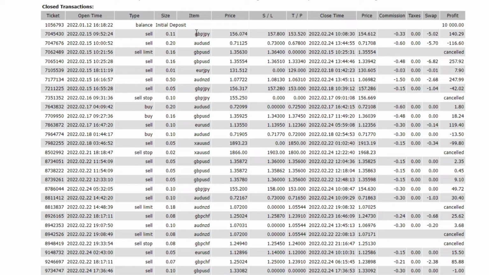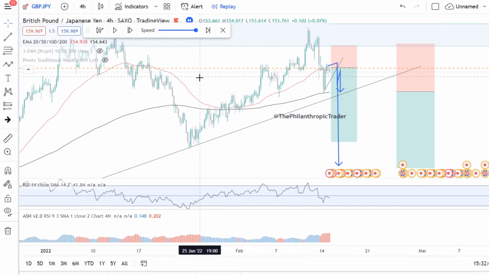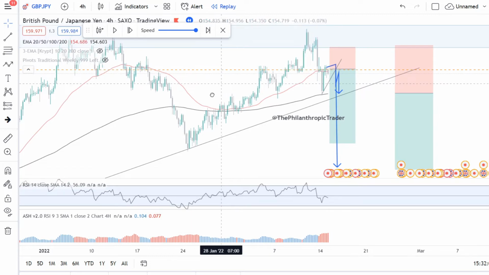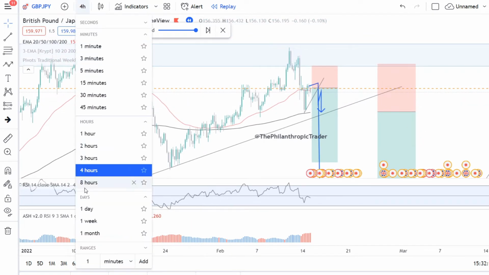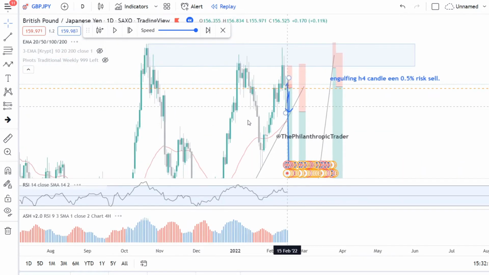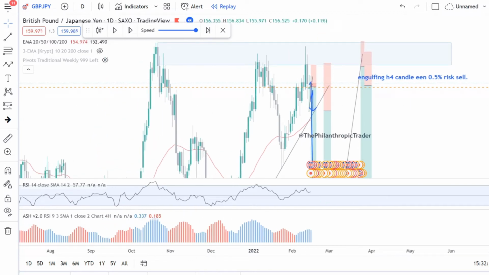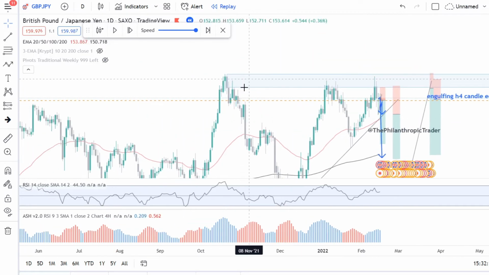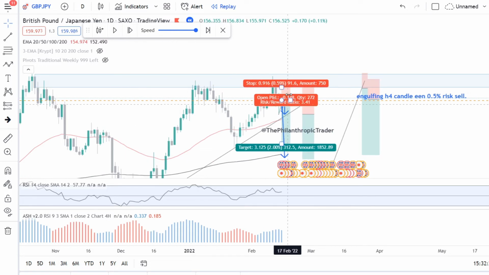We first start with GBPJPY, and this was the 15th of February, and I made $140, which was 1.4%. Alright, so this was the chart at the time. Let me show you the daily first. Over here, as you can see, it was a really nice supply zone.